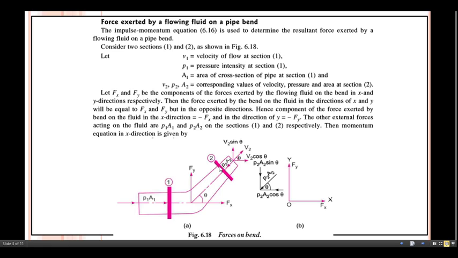Similarly, we have P2, v2 and A2 as the corresponding values of the velocity, pressure and area at section number 2. Let Fx and Fy be the components of the forces exerted by the flowing fluid on the bend in the x and y directions respectively.